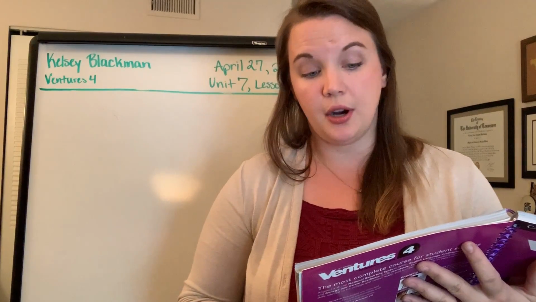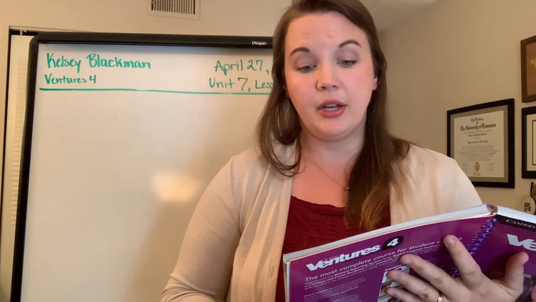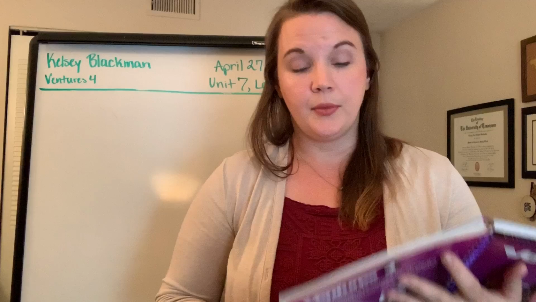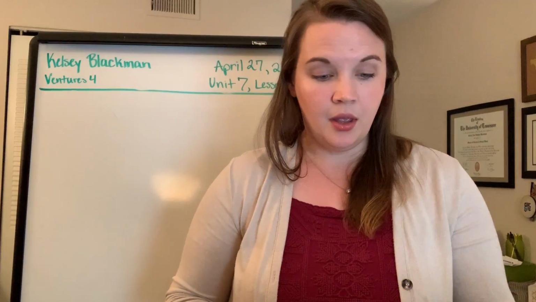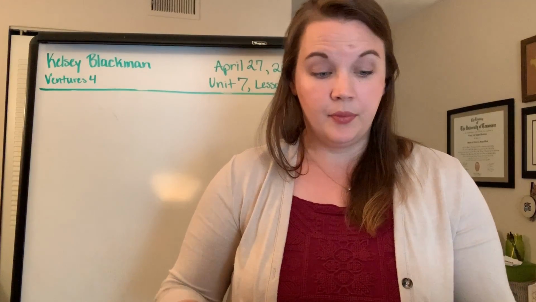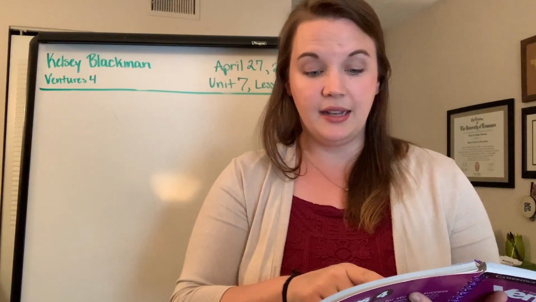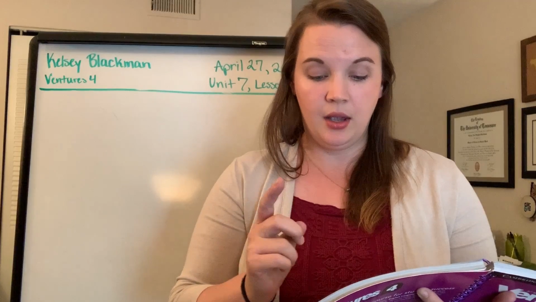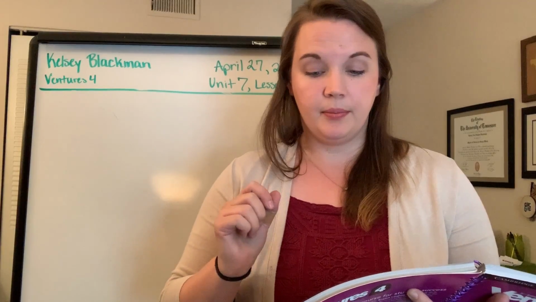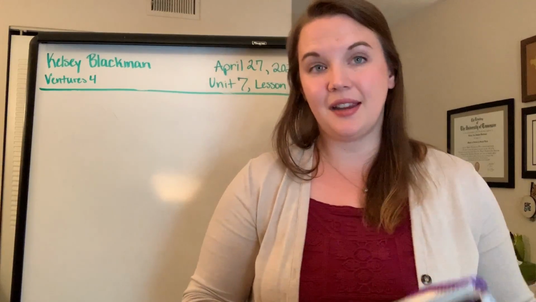Look at the chart and make sentences by choosing an item from each column. Okay. So the first example is the dishes Ted and Lisa received from Aunt May were broken. So this is kind of fun. It's kind of like a puzzle.